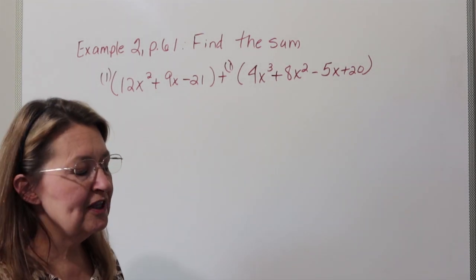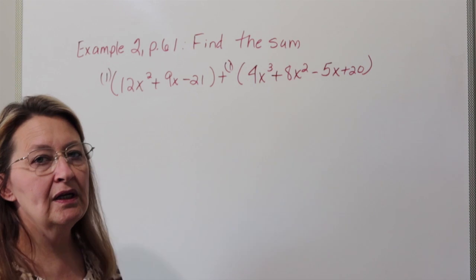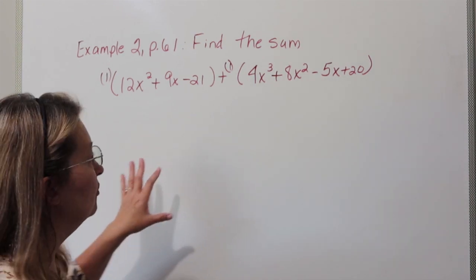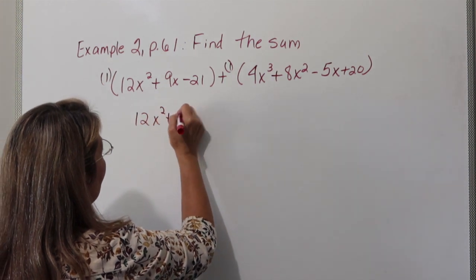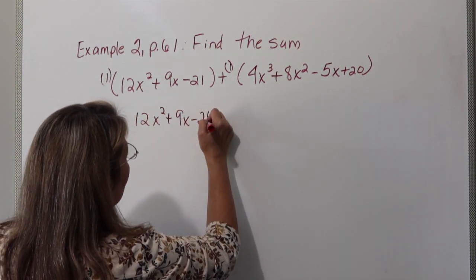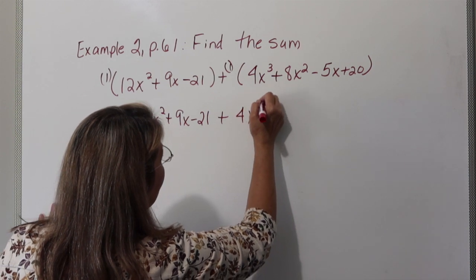So like I've said before, I don't want you to think you can just willy-nilly start dropping parentheses, but that's what we're doing. Now, when you distribute a positive 1, you're not going to change the value of anything.